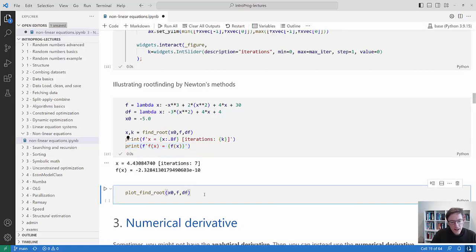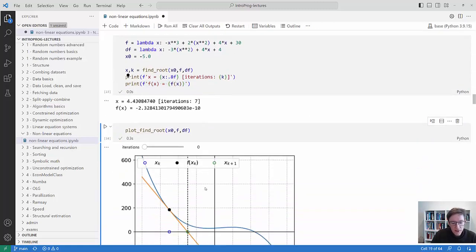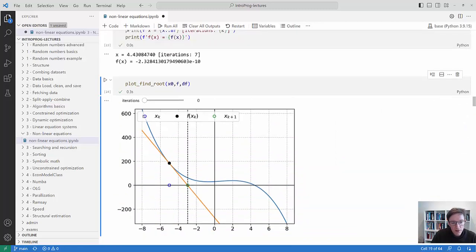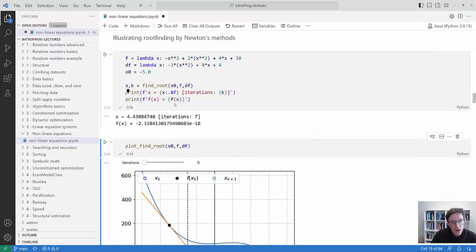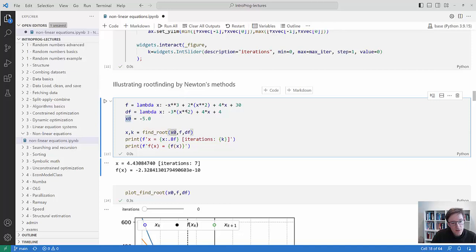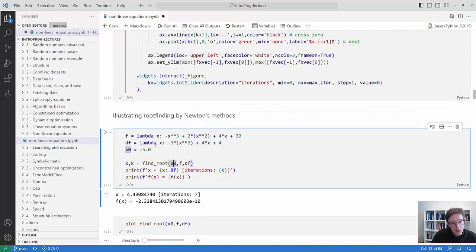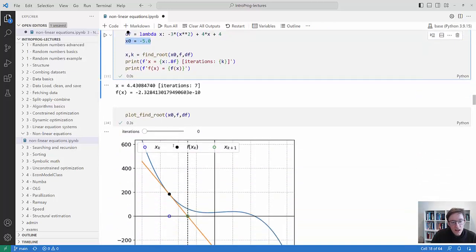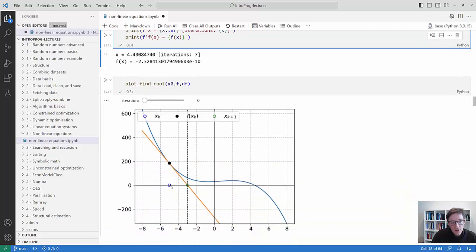So let's try to understand what's actually going on here. If we plot our function and think about our initial guess, our initial guess here was set at some point here as -5. What is the function value there? Then we do the Taylor approximation, so that's the linear line here, and we project that, okay, now I should guess that our root should actually be here.